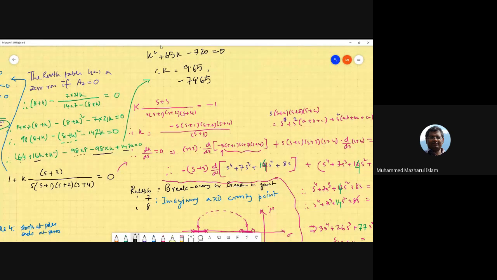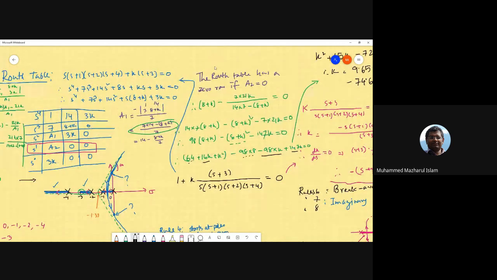It will do so for k equals to 9.65, your A2 will be 0. ঠিক আছে, so therefore for k equals to 9.65 A2 will be 0 and the Routh table will have a 0 row.